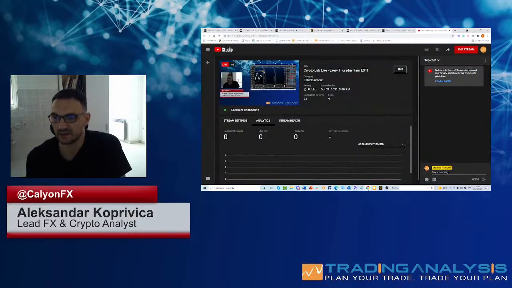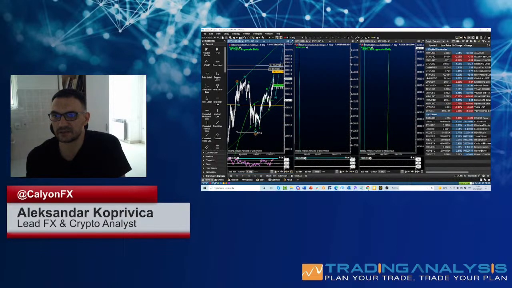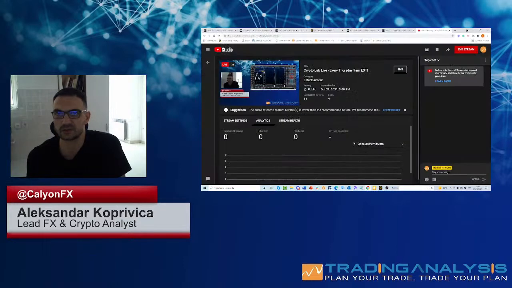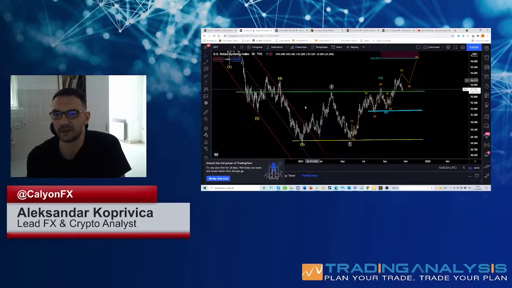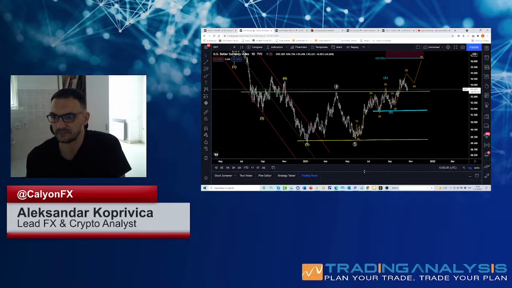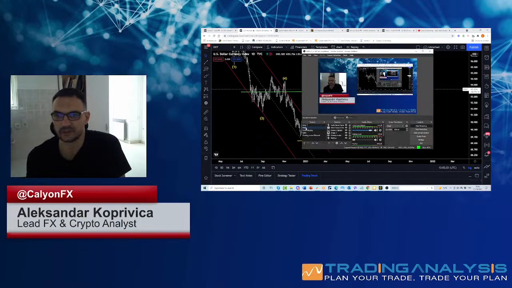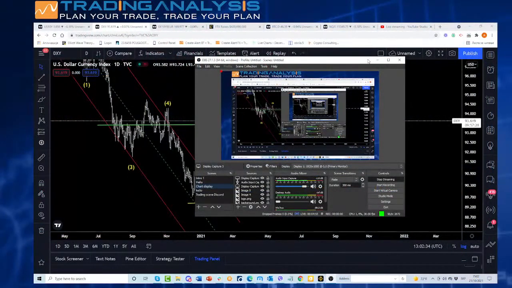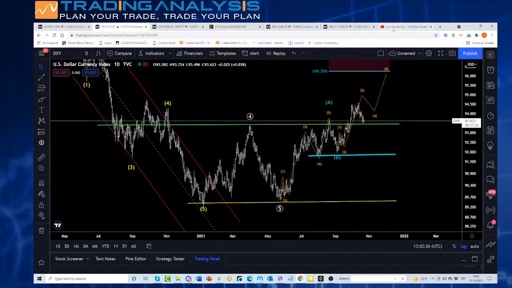So let me see, is the screen or visibility okay? Just type in if everything is okay regarding sound and the screen. I hope you see my screen nicely. I'm going to just enlarge it a little bit so you can see it.